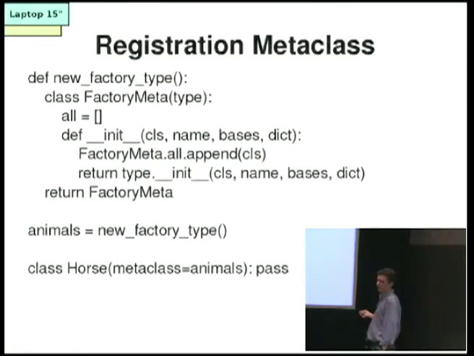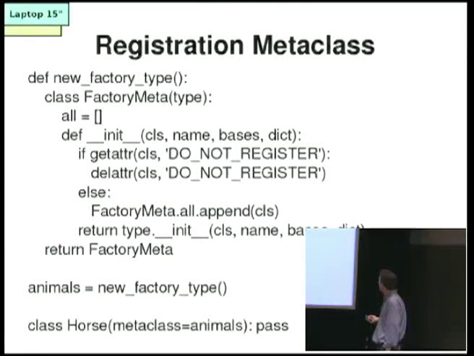And then return the factory meta. So to do the same thing, we create a new factory and then have to include it as a metaclass in the class where we use it, or one of its parents. Here's part of the lie. I couldn't fit the whole metaclass on a slide. This is extra. So when you use a class decorator, it fires once. You can see exactly where it happens, exactly where it's applied.